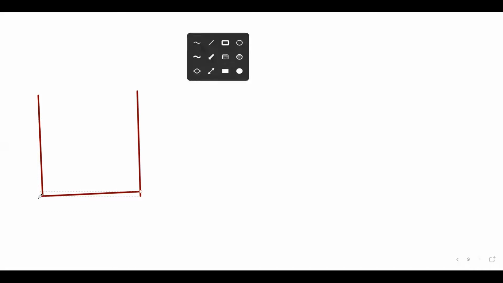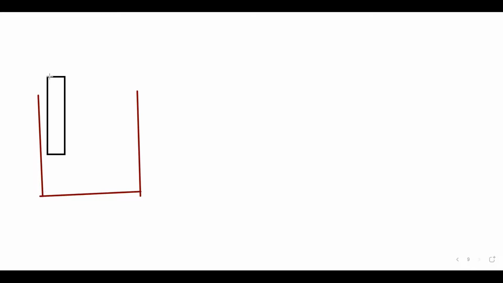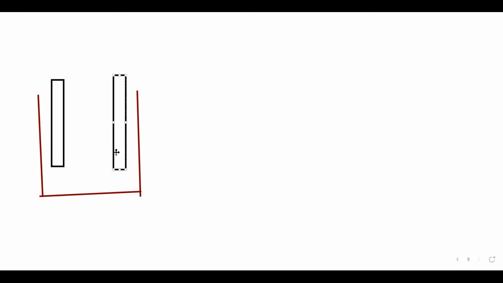Let me draw a diagram. This is a beaker. And these are two electrodes. I think everyone should know what an electrode is. Correct, two metal electrodes.